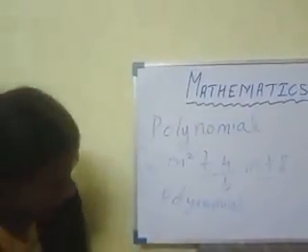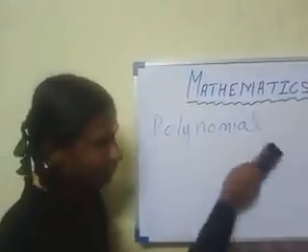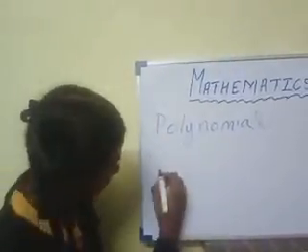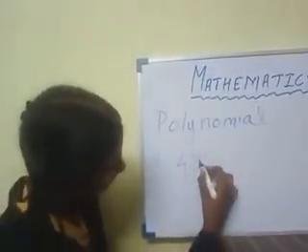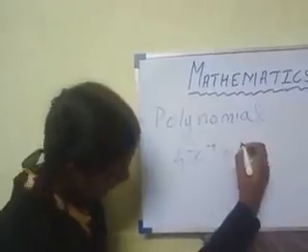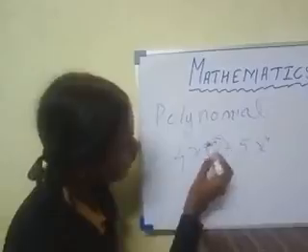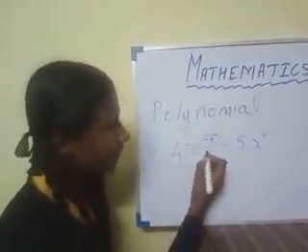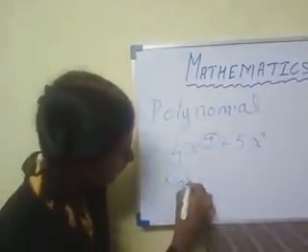Let's go to when it is not a polynomial. If there is a negative power, it is not a polynomial. For example, 4x to the power minus 2 plus 5x. Here the power or degree of 4x is negative, so it is not a polynomial.